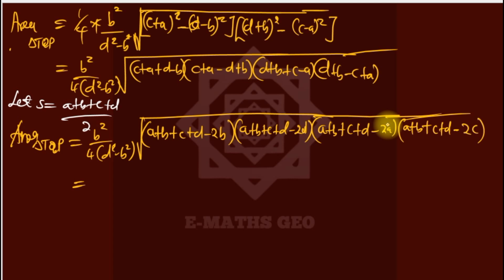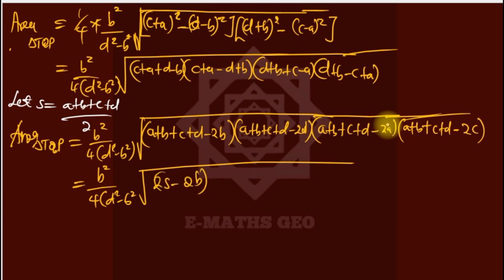So we see that the area is now b squared over 4 times (d squared minus b squared), all in the square root of, we'll call this x, equal to the semi-perimeter. So if you make a + b + c + d the subject, we now have 2x − 2b times the same thing, 2x − 2d times 2x − 2a times 2x − 2c.